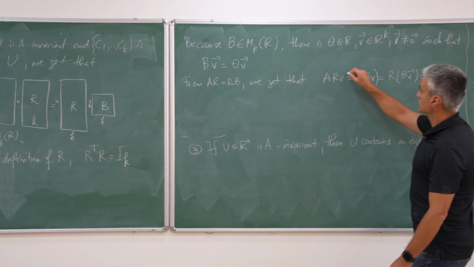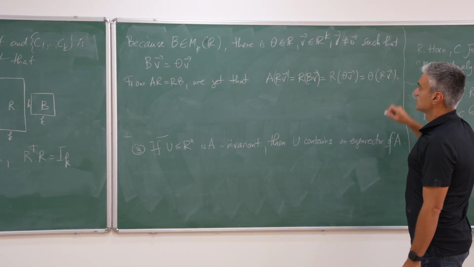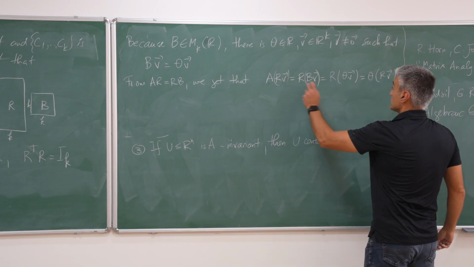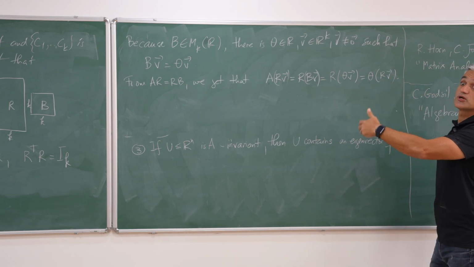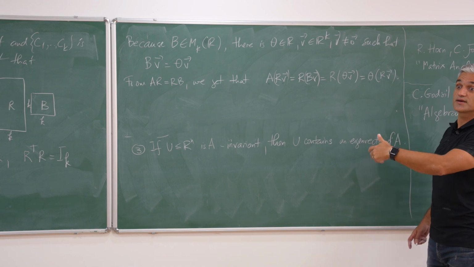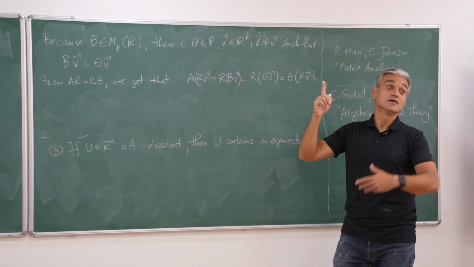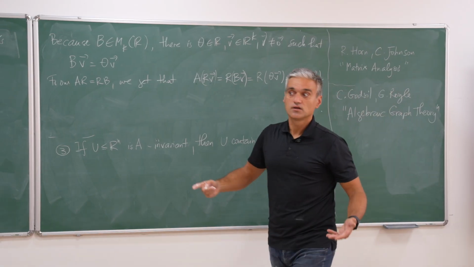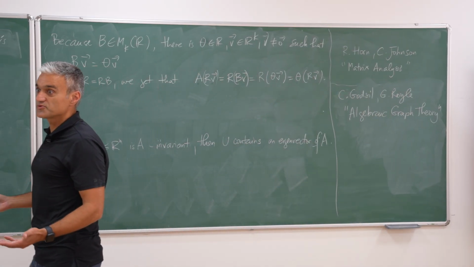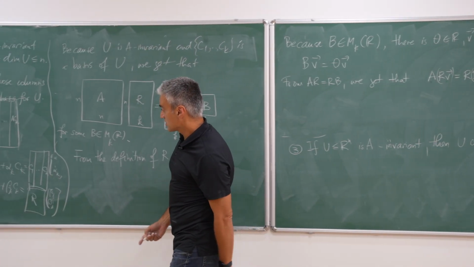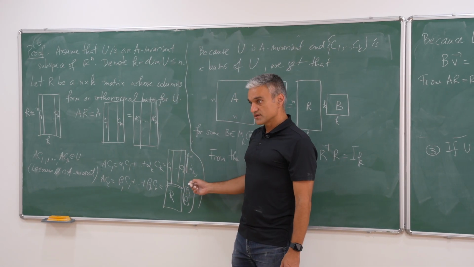So ARV became theta times RV. So the same trick question as before. Can I say that you have to check if it's non-zero? Well, somebody's going to help me. Is it 0 or non-zero? RV, you have it here. Anytime you multiply the matrix R by a vector, what do you get?